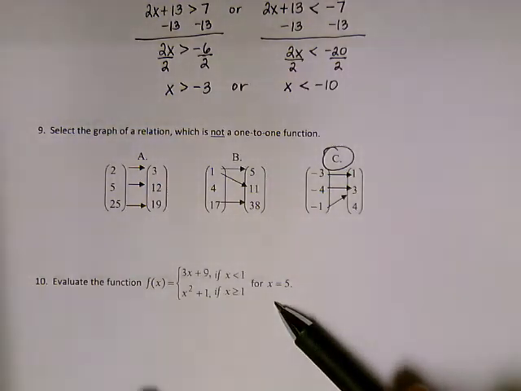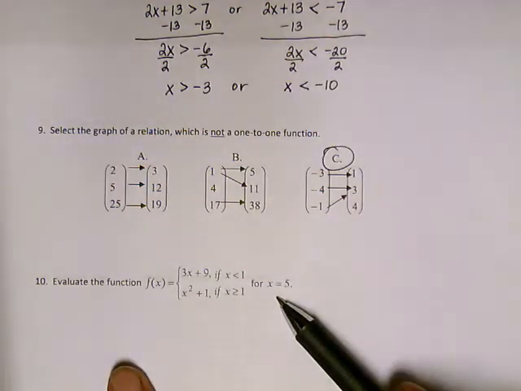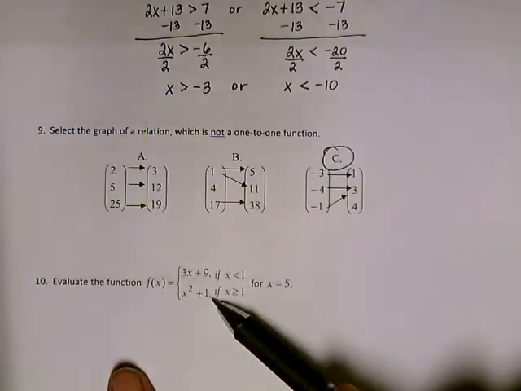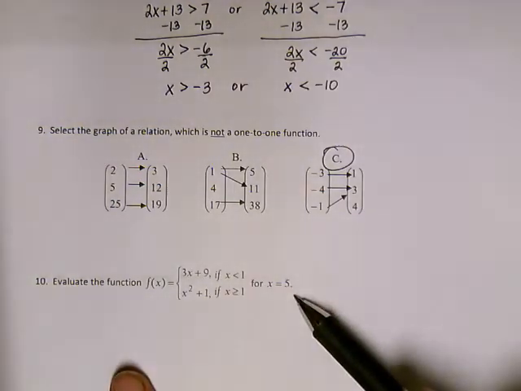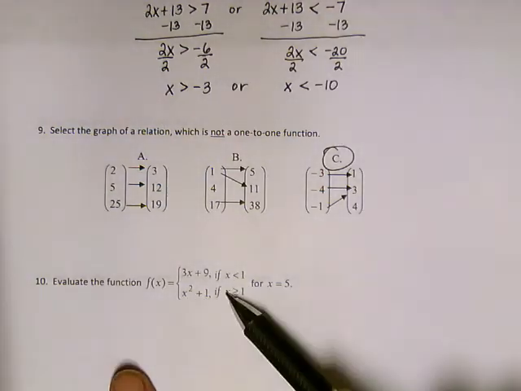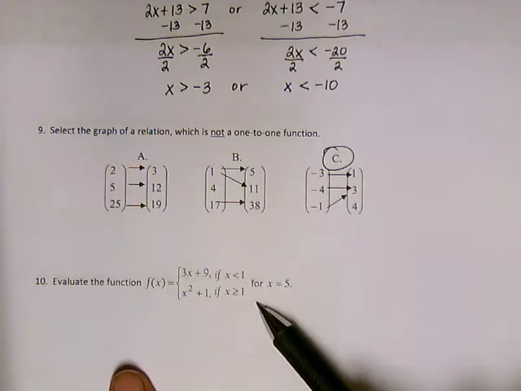Okay, so in this case, we have to figure out which one of these we're going to use based on the fact that x is equal to 5. It will have to be the second one, the x squared plus 1, because 5 is bigger than 1.